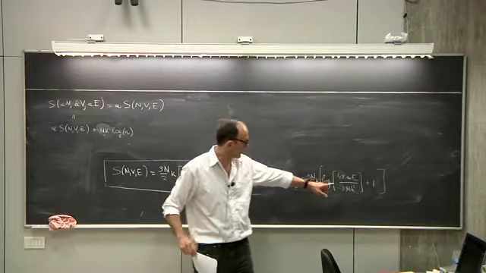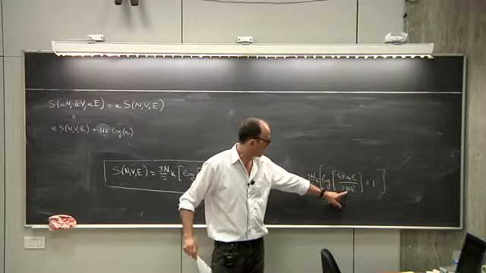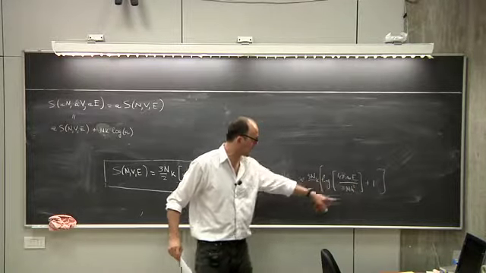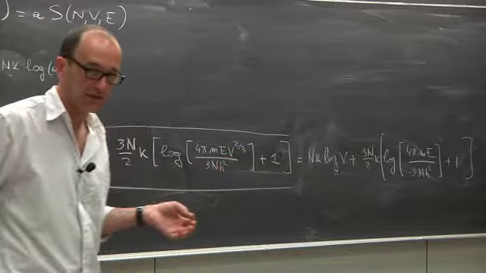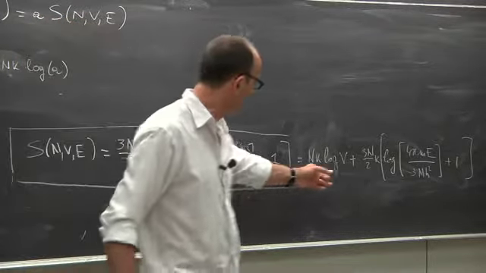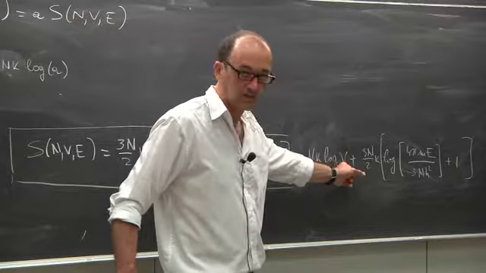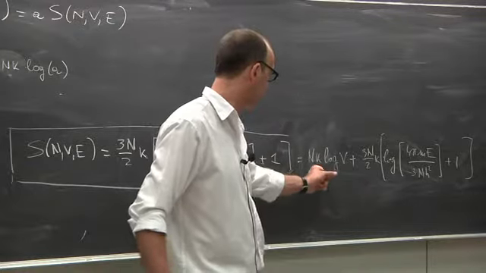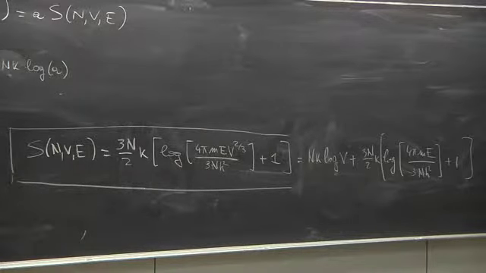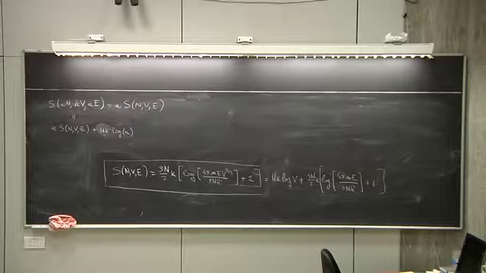When you increase N and increase E, then E over N is an intensive quantity, the energy density. This instead depends on V, it does not depend on energy density. So this entropy is not extensive.